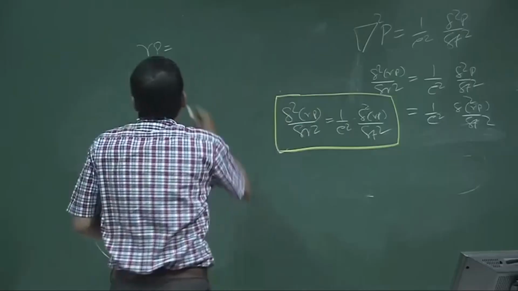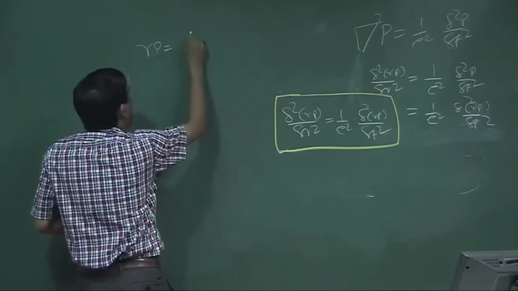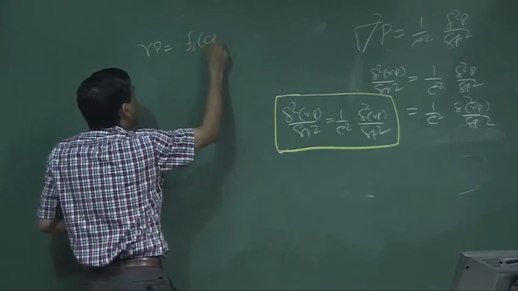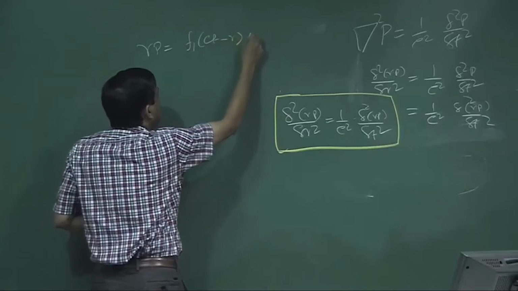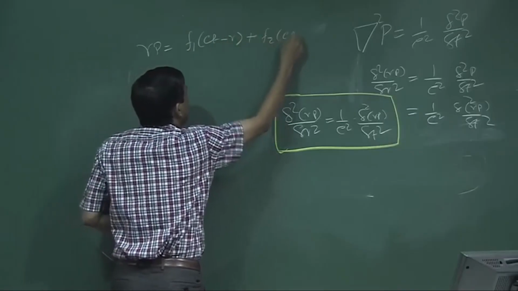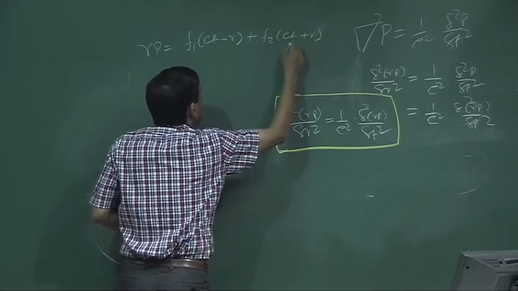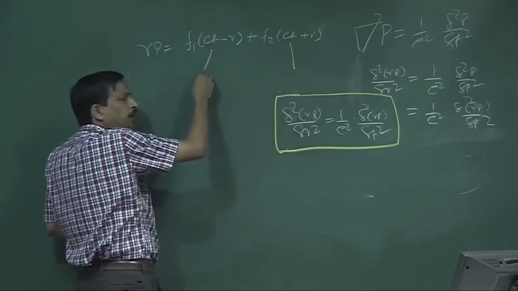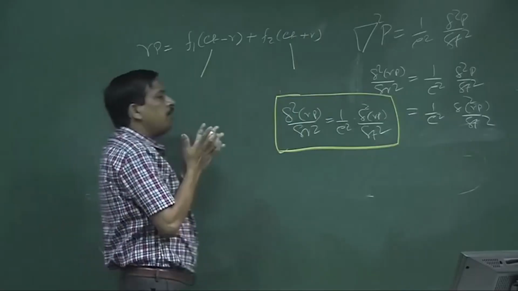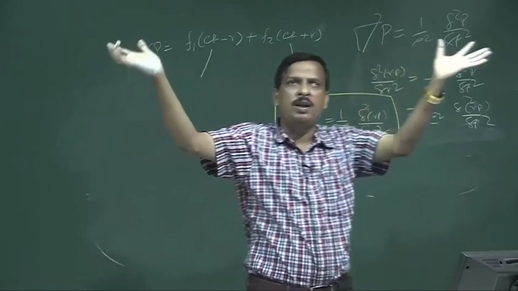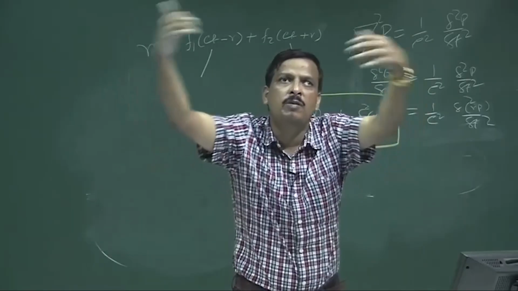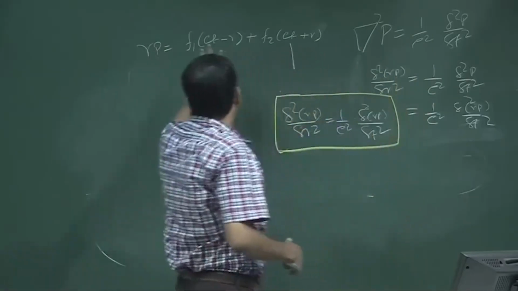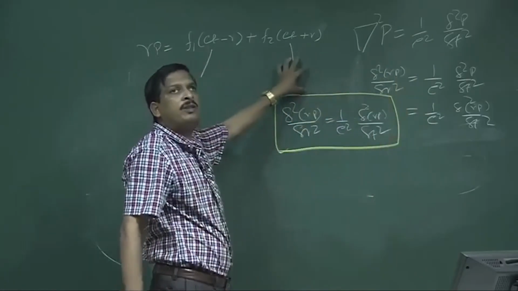So, I can write rp as two functions, one is f1 of ct minus r plus f2 of ct plus r. So, f1 is a diverging wave and f2 is a converging wave.